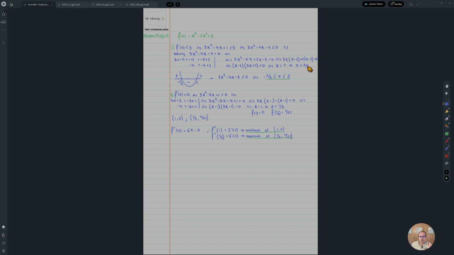Then I plot these points on a line, the negative first and then the positive one. I look at the nature of this quadratic, namely the coefficient of x squared, and I know that it is a parabola such as this one, where these are the roots of the quadratic.